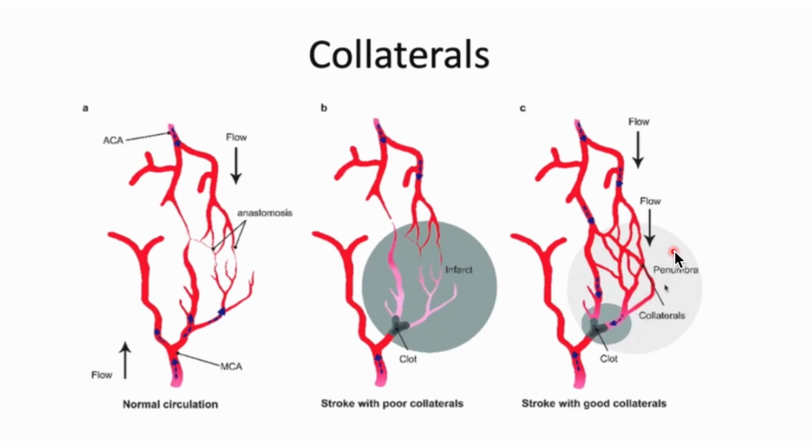And how do you maintain these collaterals and how do you recruit these collaterals? So there is a process of auto-regulation through which the body raises the blood pressure so that the collaterals can be recruited in. But if you give a sudden drop to that blood pressure or a massive drop, these collaterals will vanish and the infarct is going to really increase in size like this.